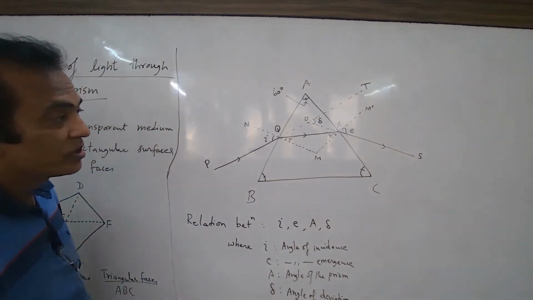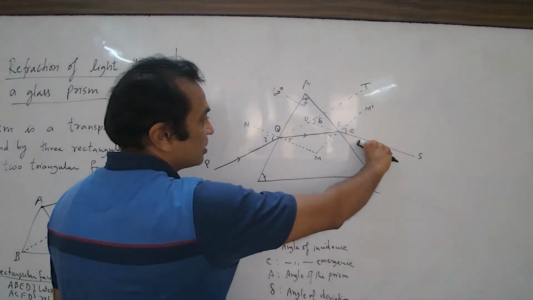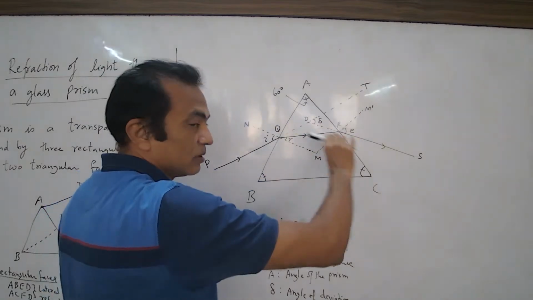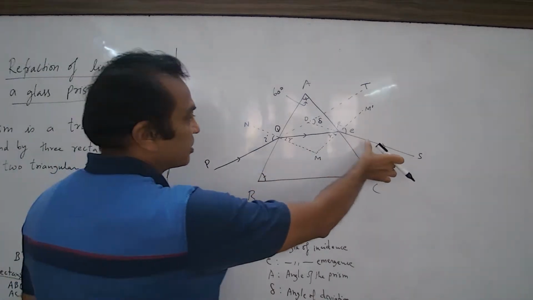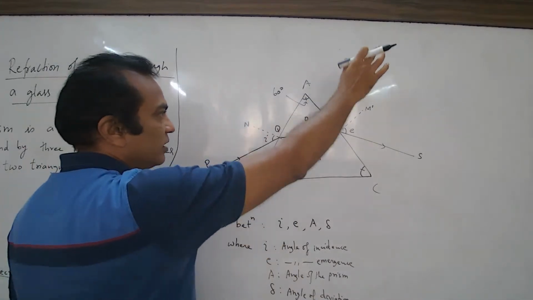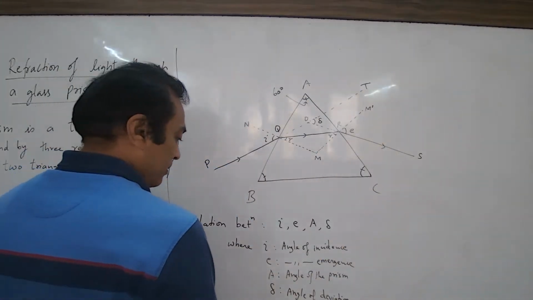What is the angle of deviation? It is the angle between the emergent ray and the incident ray, always. I have explained it in the first lecture. What is the angle of deviation? The angle between the emergent ray and the incident ray direction.